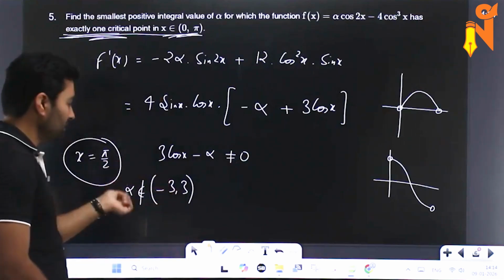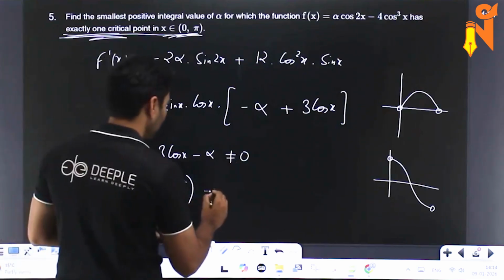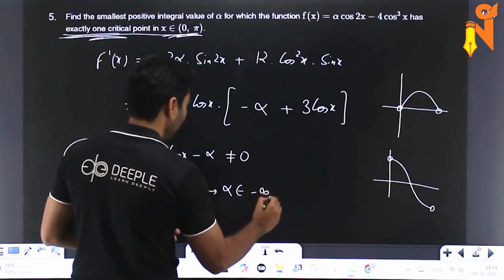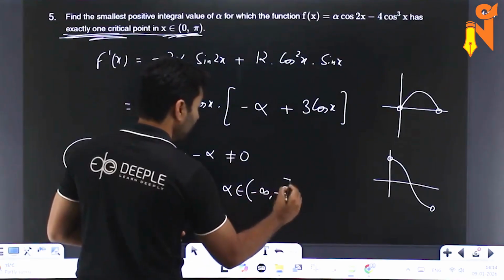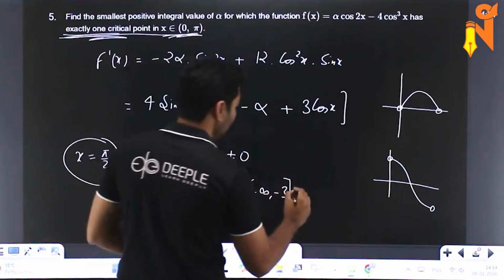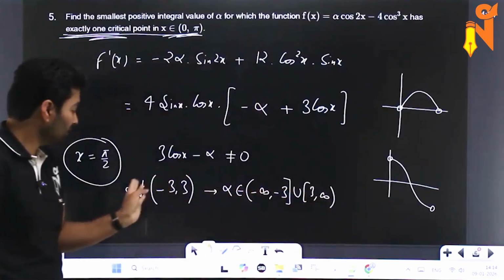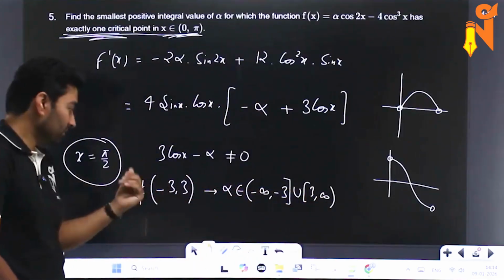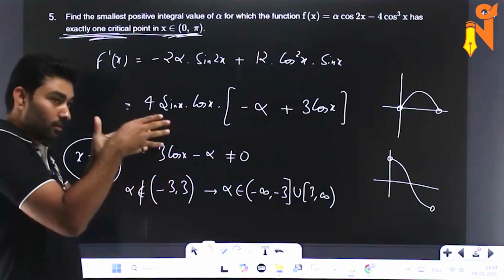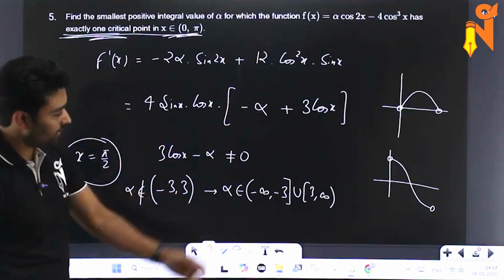If alpha does not belong to this, then alpha belongs to minus infinity to minus 3 closed, union 3 to infinity. Why closed here? Because alpha is not in the open interval, so alpha can be 3, minus 3 and the remaining portion. So this is the answer.